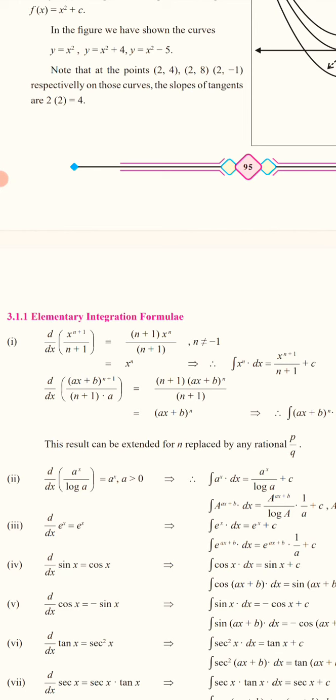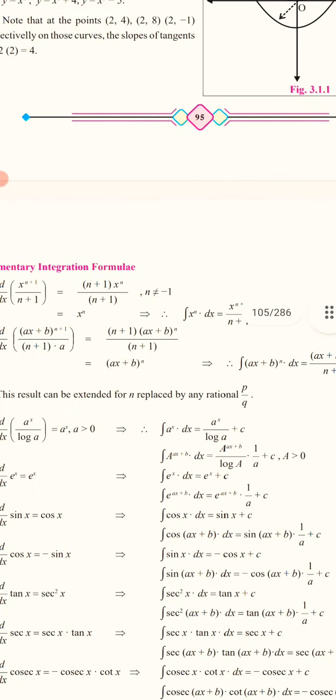Integration of e raised to ax plus b dx is e raised to ax plus b into 1 upon a plus c. Then integration of cos x dx is sin x plus c. Integration of cos of ax plus b dx is sin of ax plus b into 1 upon a plus c.